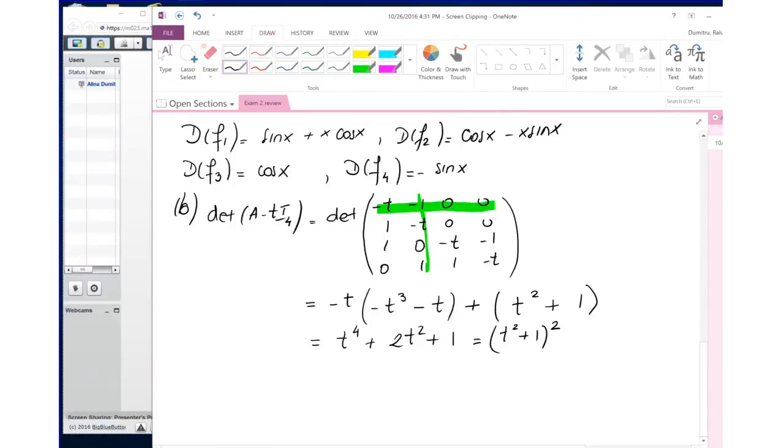All right, so the characteristic polynomial is t squared plus 1, everything squared. It said, find the eigenvalues of A when F is R. So the answer is none, right? A has no eigenvalues when F is R.